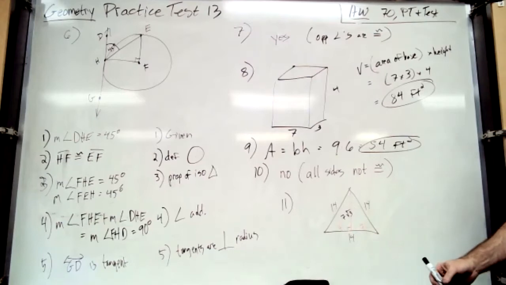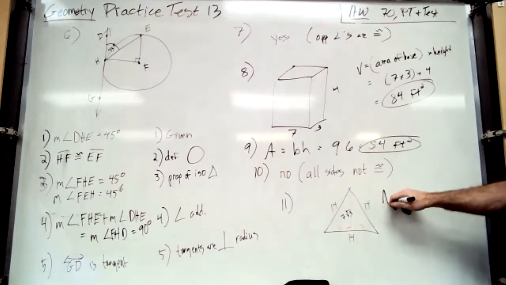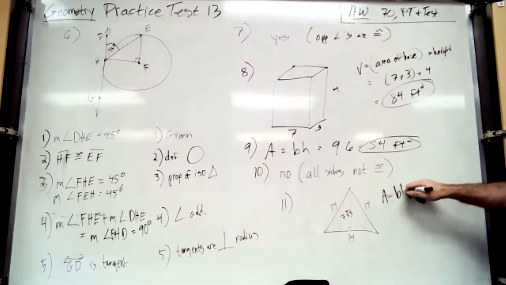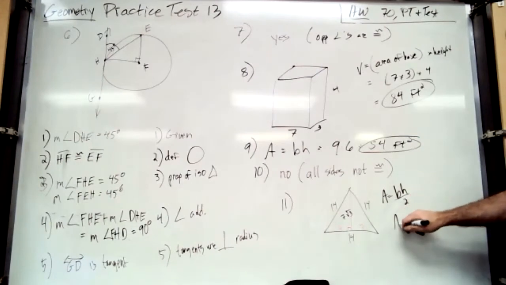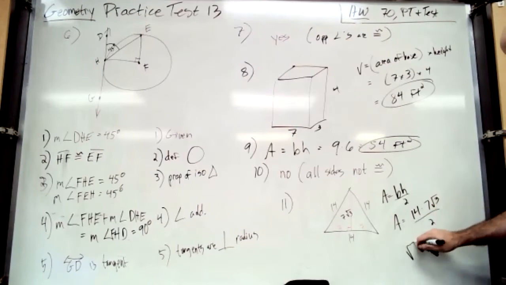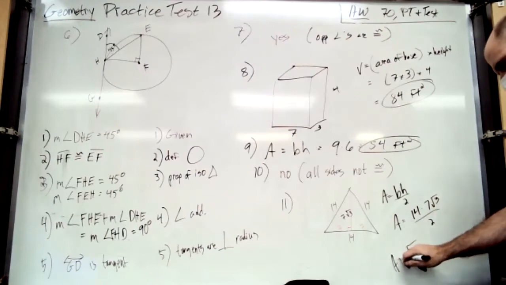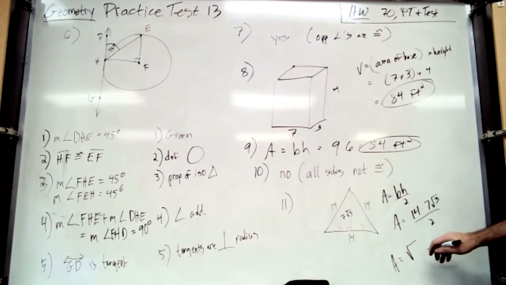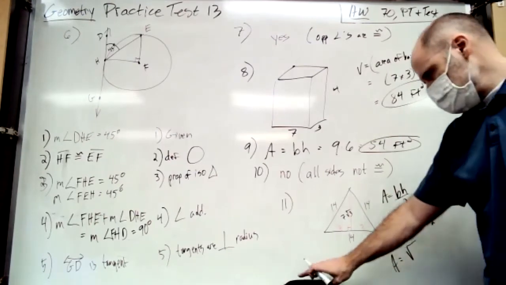So base times height divided by 2. The base is 14, the height is 7 radical 3, all divided by 2. So you get area equals 49 radical 3.